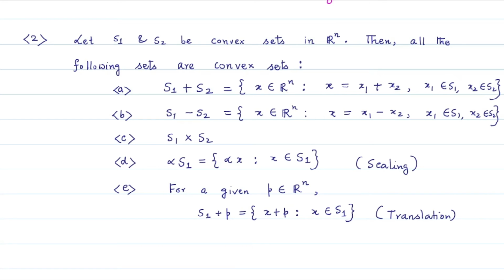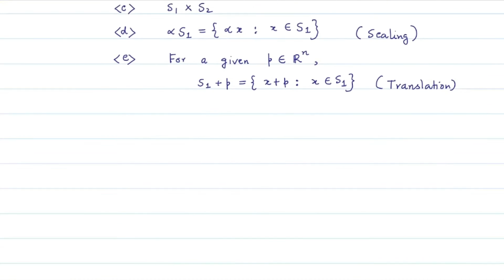Next, I would like to mention that push forward by an affine map and pull back by an affine map of a convex set are also convex. Let me neatly write the result over here, that push forward by an affine map of a convex set gives us a convex set.